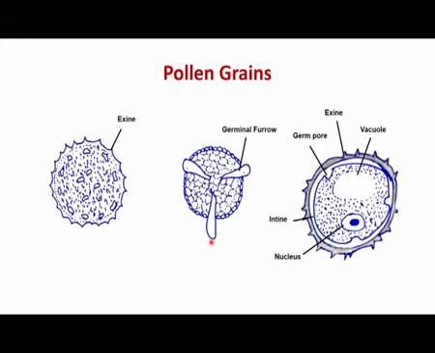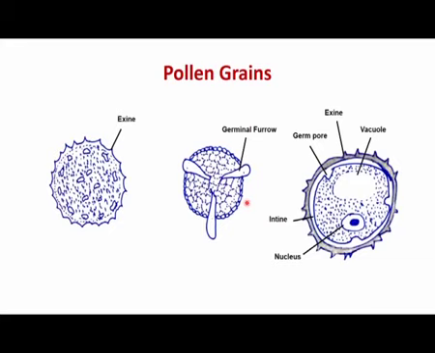Each pollen grain of angiosperms has two cells, one vegetative cell and one generative cell, and it also has a distal aperture for germination.